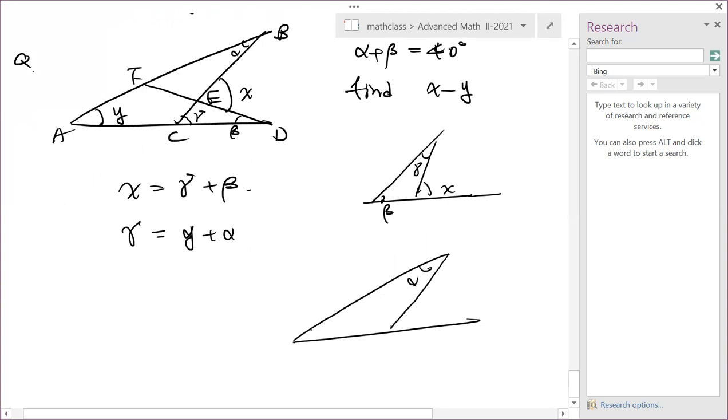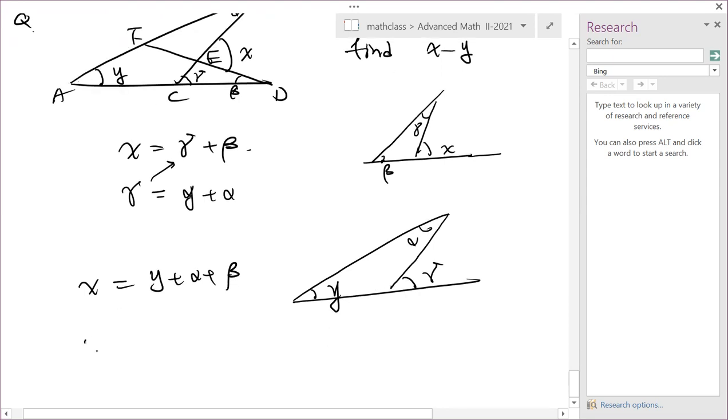This is alpha, this is gamma, and this is Y. So gamma equals alpha plus Y. After you plug into here, X equals Y plus alpha plus beta. So that's why X minus Y is going to be alpha plus beta.